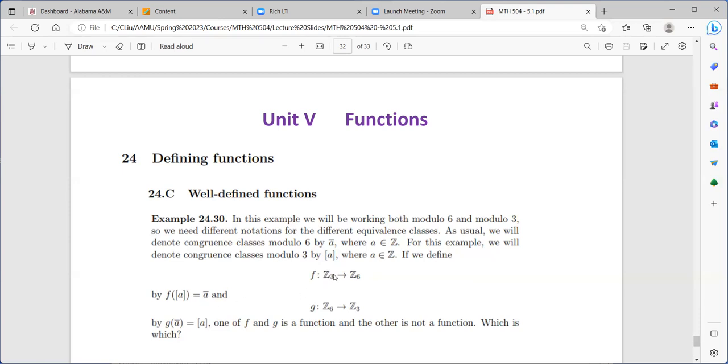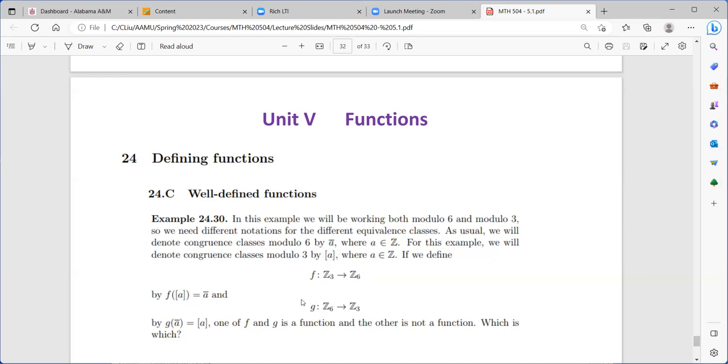If you pick one class from Z3, class a, we use bracket a, and then we define the value of this relation to be a bar. What does it mean? We take this number a, divide it by 6, see what the remainder is, and we take that as the value of f.